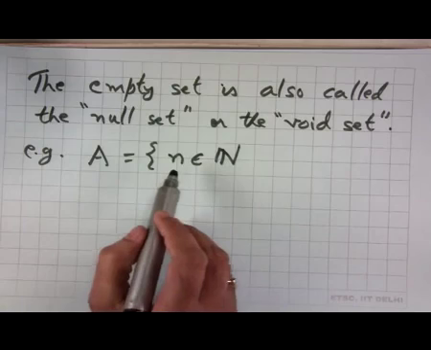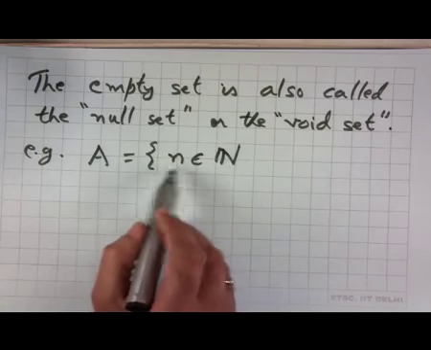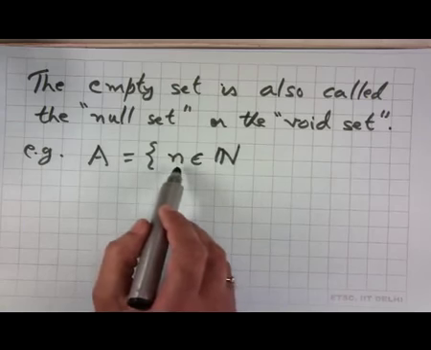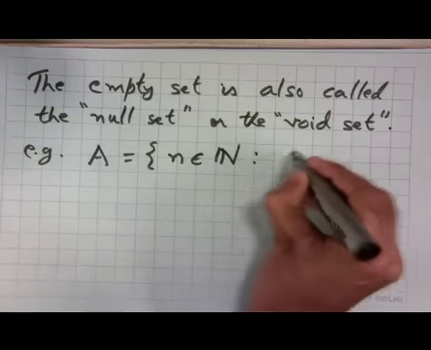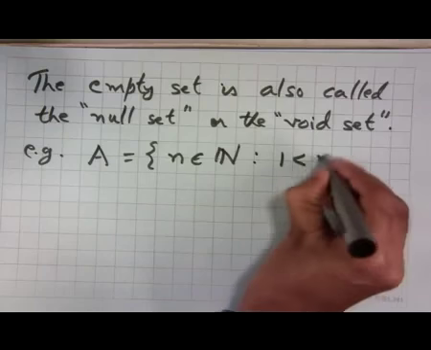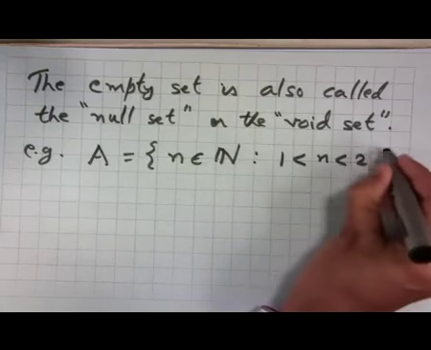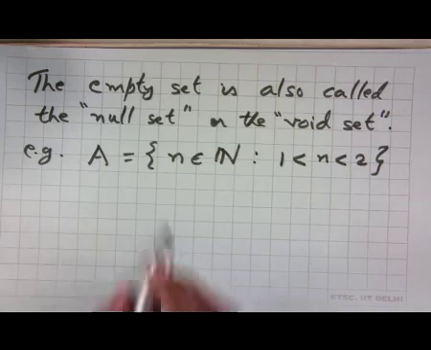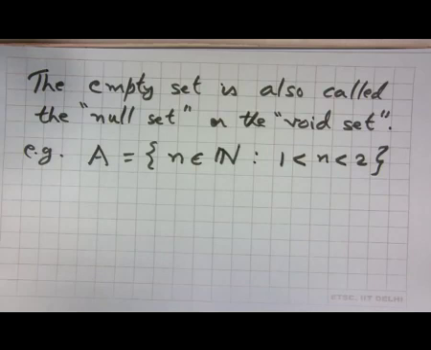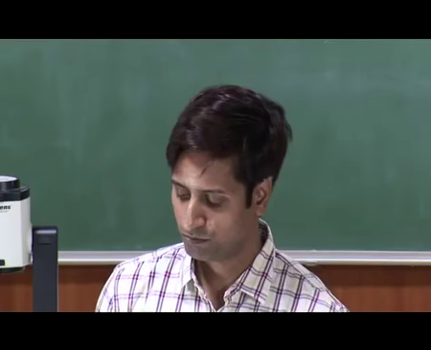This means that this is the set containing all n in natural numbers such that n is bigger than 1 and less than 2. So, suppose we write this set. Is there any natural number which is bigger than 1 and less than 2?